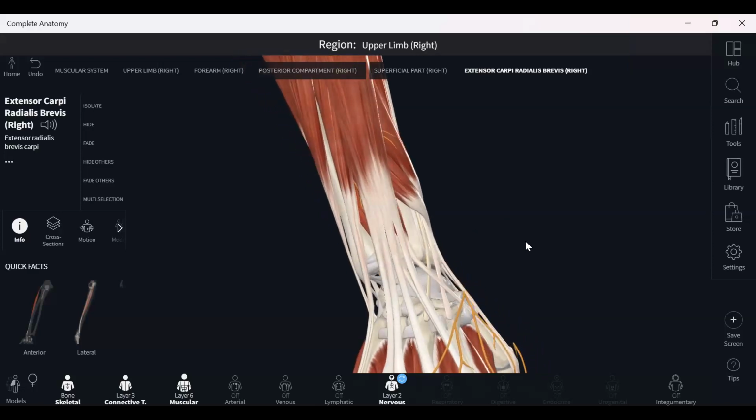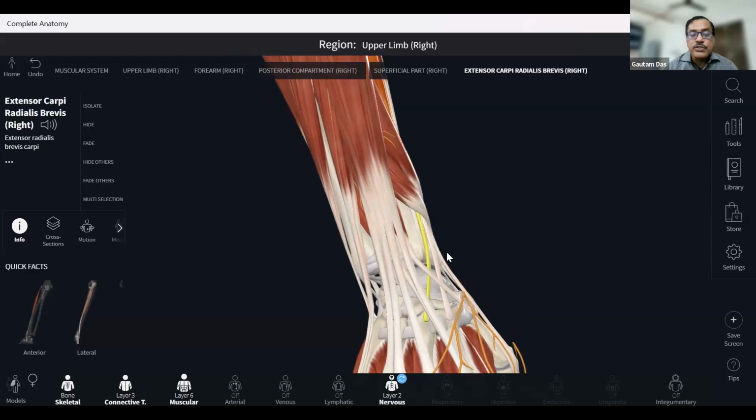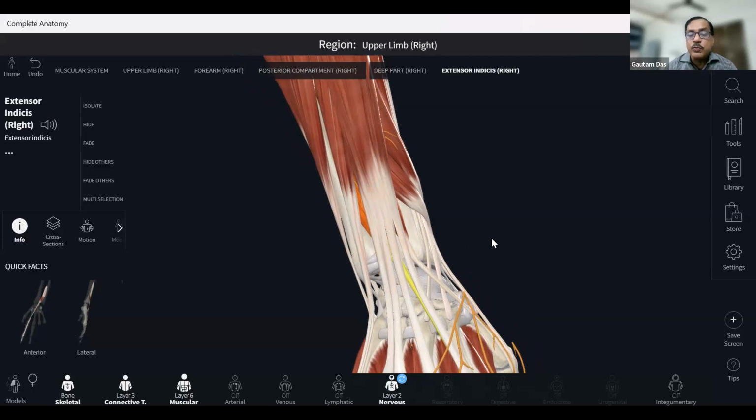Apart from that, another thing I was telling you: this was your fourth compartment tendon, the third compartment tendon. Fourth compartment tendons are 2. One is extensor digitorum, this is extensor digitorum, and below that extensor indicis. Extensor indicis and one of the tendons of extensor digitorum are together going to supply the index finger. So this will be coming in between these tendons, which you'll be able to identify.